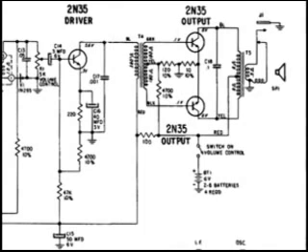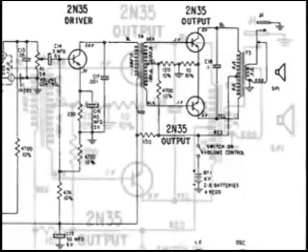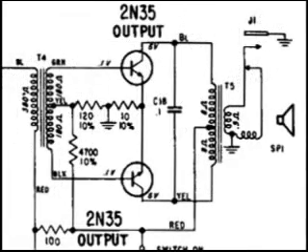Here is a transistor circuit, an NPN. Let's take a look at the output circuit. We take a look at the base of each transistor. We can see that it shows 0.1 volt positive as the bias.